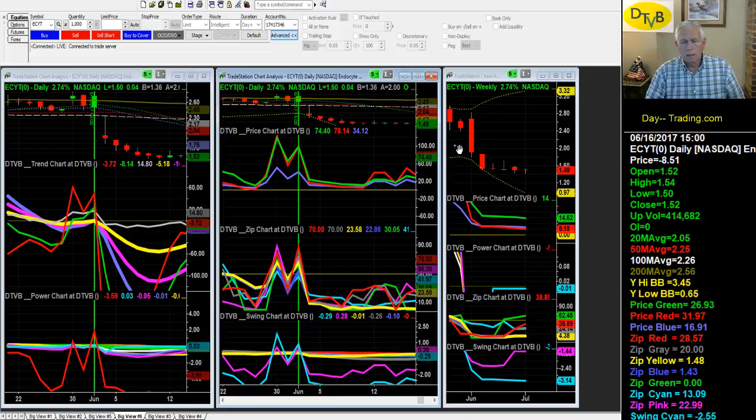So remember, the greater the amount of supporting evidence, in this case primarily divergence, the better. It doesn't take a lot of divergence to give us a gap. But we've got a lot of divergence in this example, and of course we have a big gap down. So great example for a divergent condition.